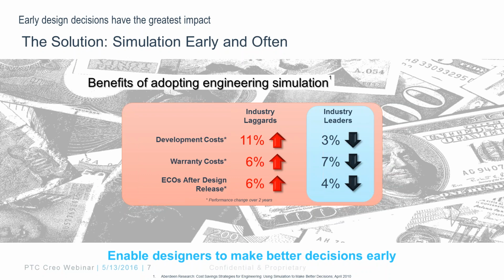You could see how much of a benefit there is in cost savings, warranty costs, the number of ECOs, and the time that you spend, when you have a simulation solution and couple it right from the beginning of your design, rather than doing it after.